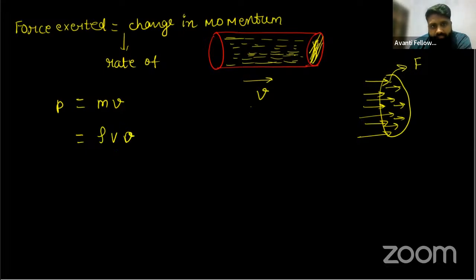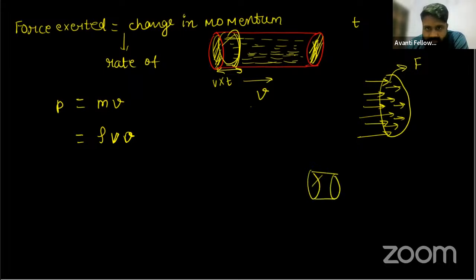Now this volume, if you consider it for time t, in time t the fluid which is at the cross section will cover a distance v into t. So this much volume of water enters in the tube in time t. It has length v into t, and area of cross section is A.